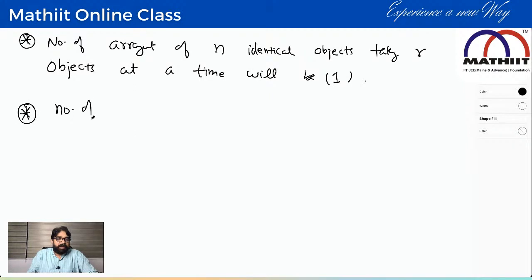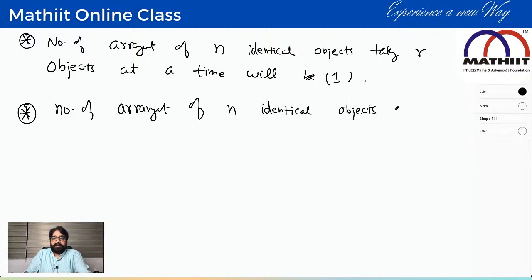Number of arrangements of n identical objects, taking at least one object at a time.